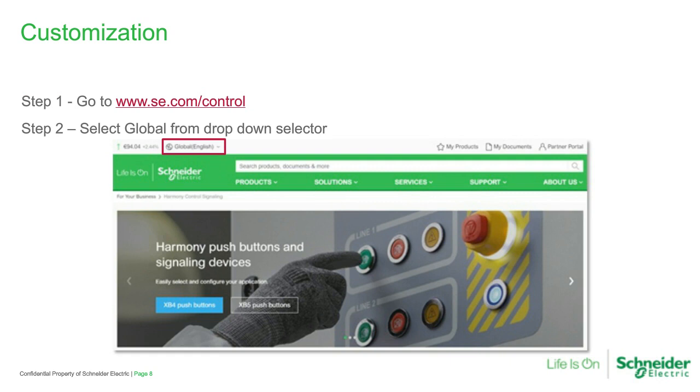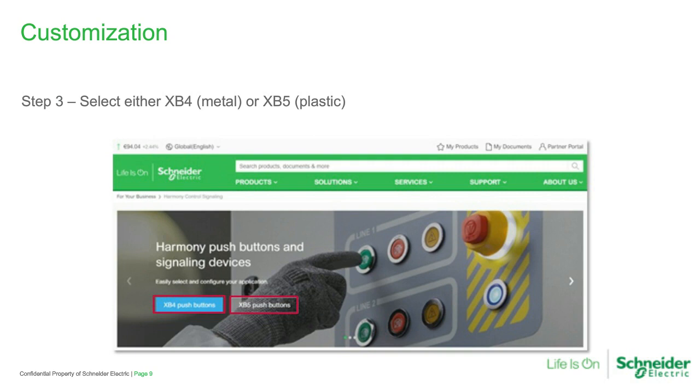Now I want to briefly go through the steps used in creating a custom push button and to show how easy it is to do. First, we would go to our website. Since this is an online tool, you go to the website, make sure it's a global website. And in our case, we can do an XB4 or an XB5, which would be a metal or a plastic push button.